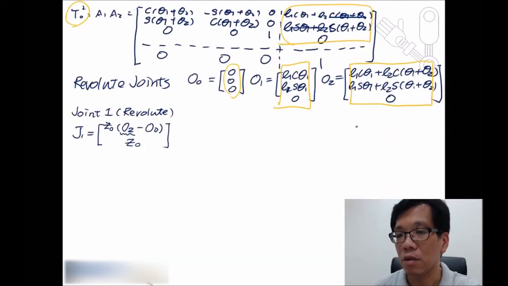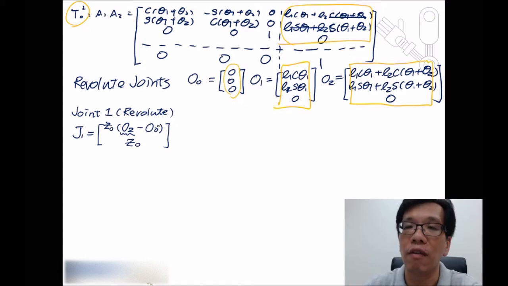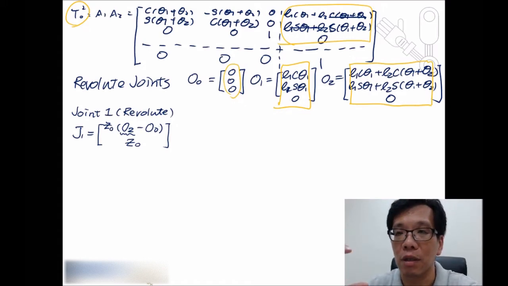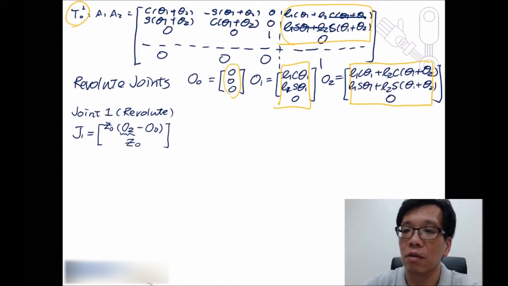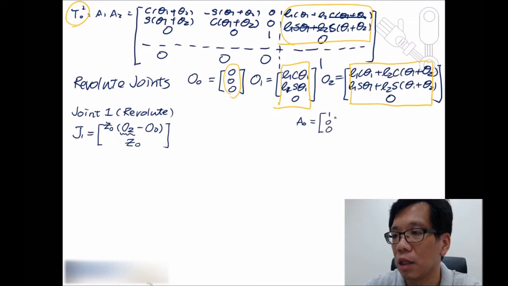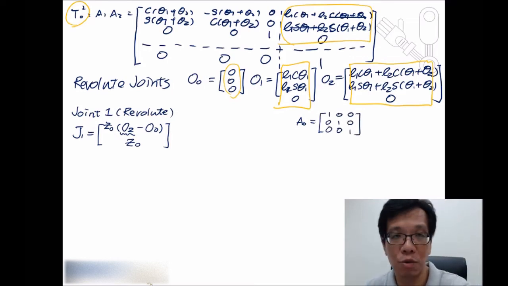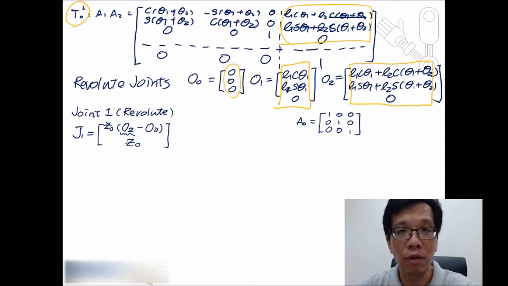Okay, so when we are dealing with those kind of things, Z naught is actually from the matrix, the frame, to itself. So A naught, in this case, is obviously identity, because we are trying to convert the rotation from itself to itself.